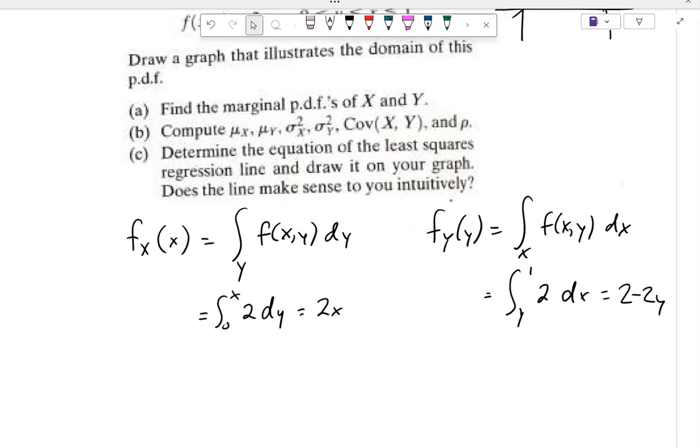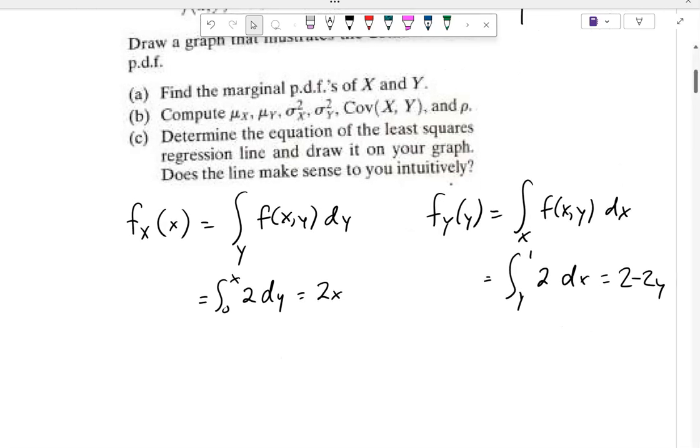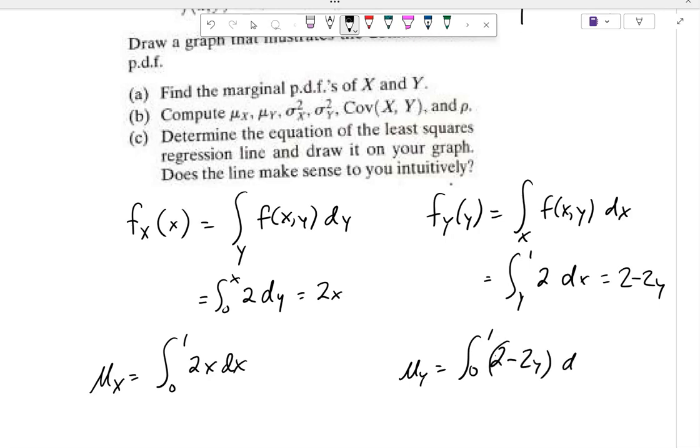So to figure out each of those means and the variances, I might as well just integrate from 0 to 1 my 2x dx. And for y, I might as well integrate from 0 to 1 of 2 minus 2y dy. I already have my PDFs. Oops, I need to multiply, don't I? Sorry.